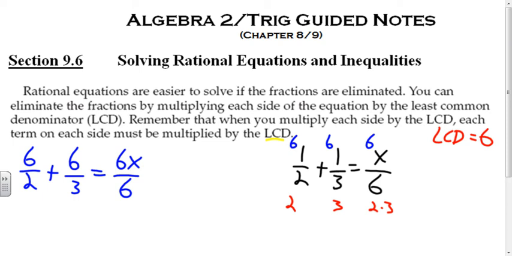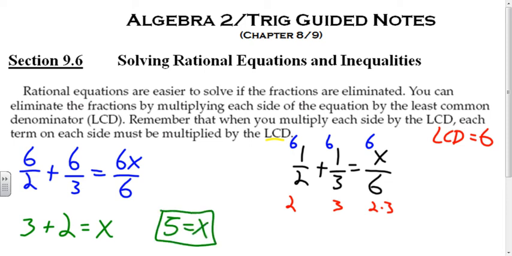So 6 divided by 2 is 3, 6 divided by 3 is 2, and 6x divided by 6 is just x. Now, it's just a normal regular equation that we can just spell right out. 3 plus 2 is 5, so 5 equals x. And that's how we would solve that.